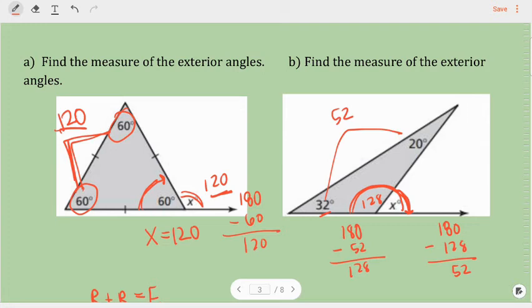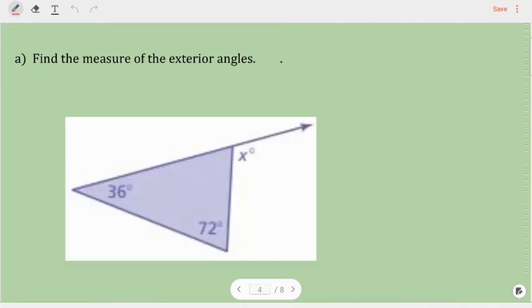So instead of doing that initial subtraction, I know that these two angles added together, according to my rule, my remote plus my remote should always equal my exterior. 52 is my remote angle plus my remote angle. So what is that angle X? Angle X is equal to 52. Okay, let's look at one last example.